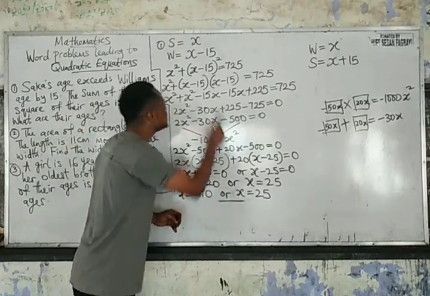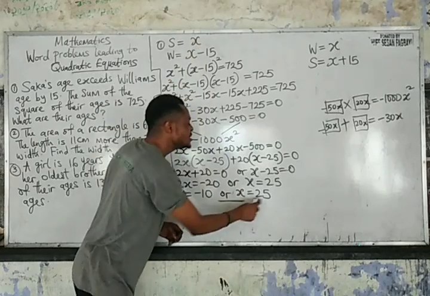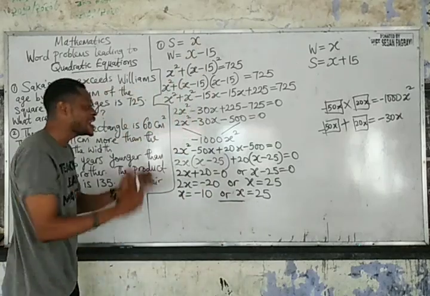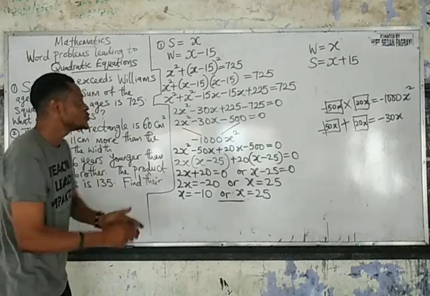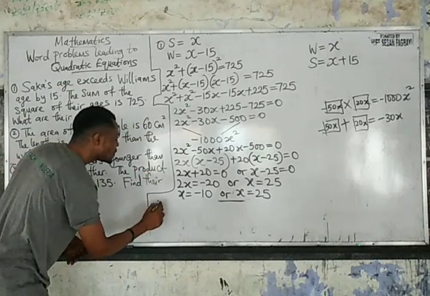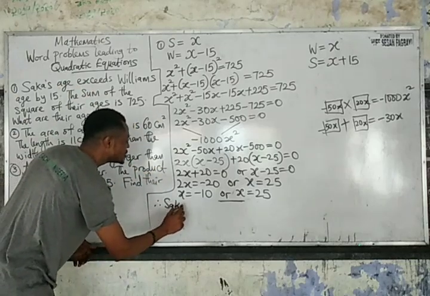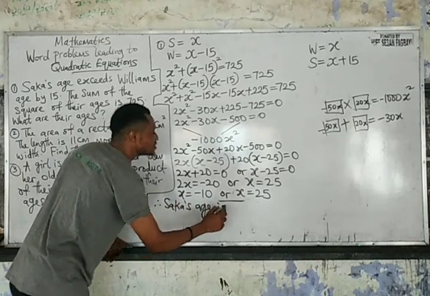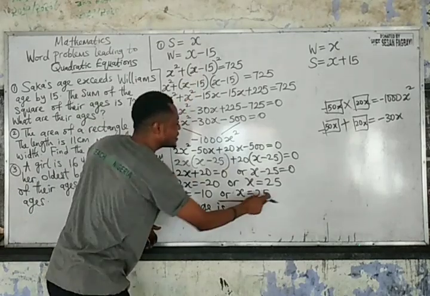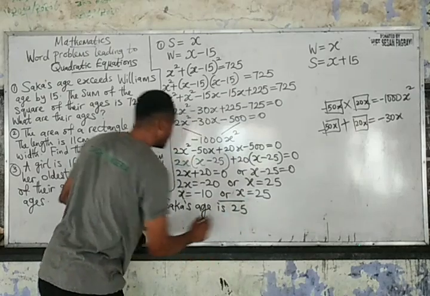Then it means the Saka's age is 25. Coincidentally, I made use of 25 as example, and eventually it ends up to be 25. So therefore, Saka's age is x, and x is 25.